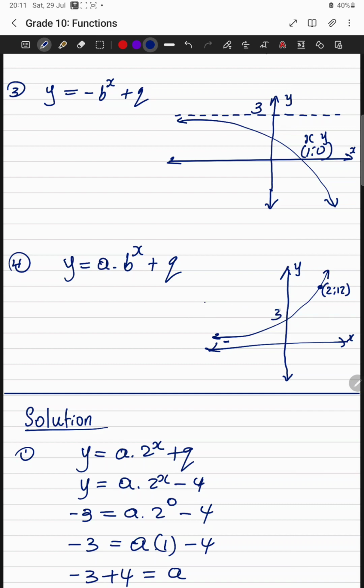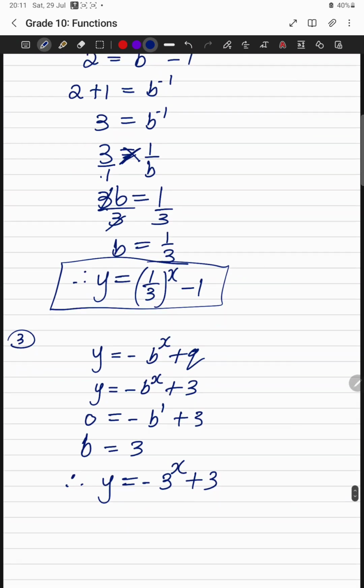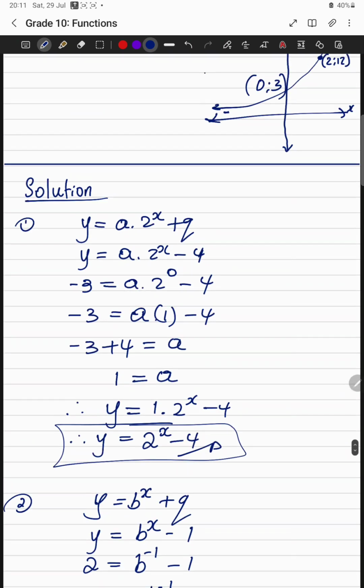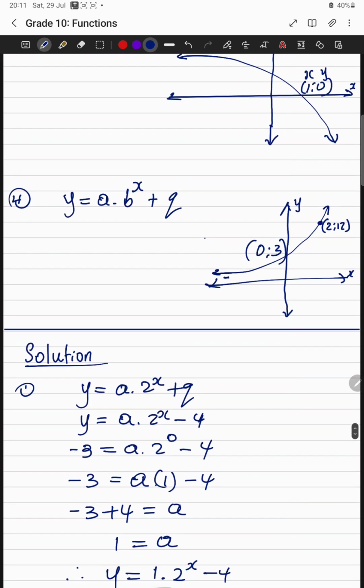So this is the y-intercept, so x there is 0. That means q is not 0. So number 4, y is equal to a times b to the power x and then plus 0, because we don't see any horizontal dotted lines.